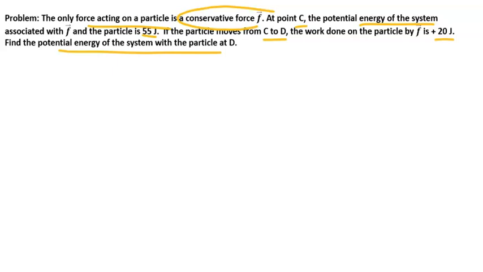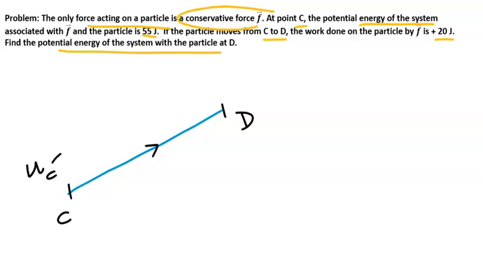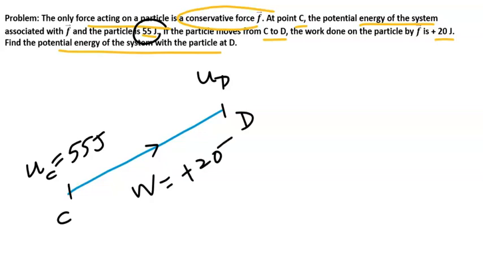Now let's assume the object or the particle is moving from point C to point D. The potential energy at point C is given to be 55 joules. That's that number. We don't know what the potential energy at point D is. That's what we want to determine. However, we know the work done in this process by that force F, and that is plus 20 joules.